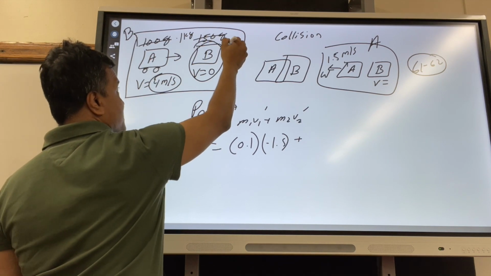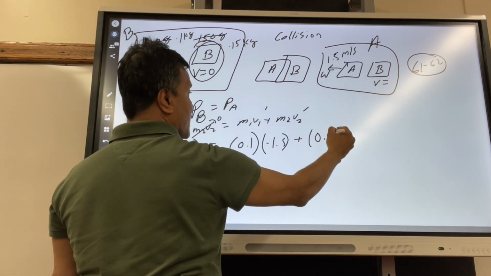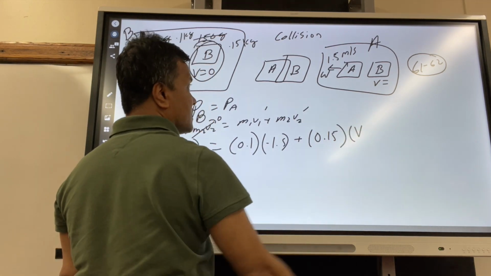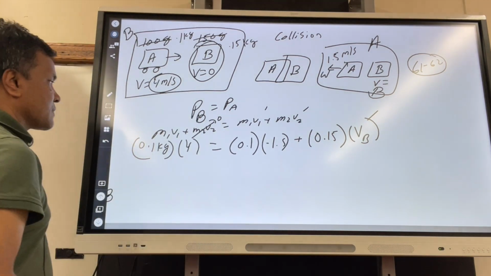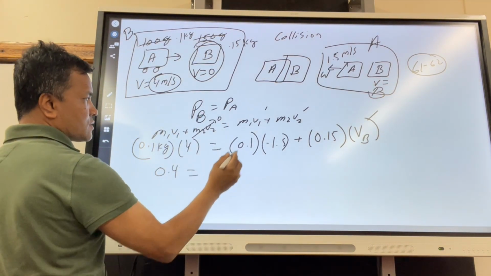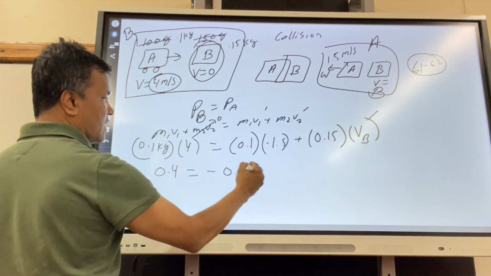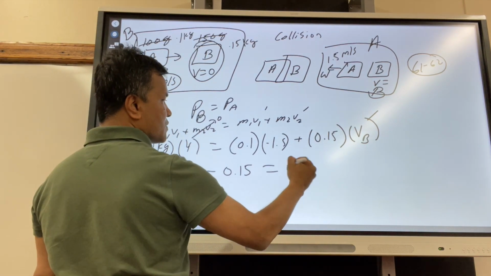This is not SI unit, so 0.15 kilogram. So 0.15 at velocity. So you want to find this velocity after. So then 0.4 is equal to negative 0.15. You can put 0 over here. Is equal to 0.15.